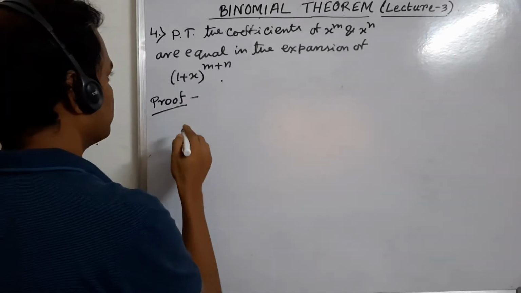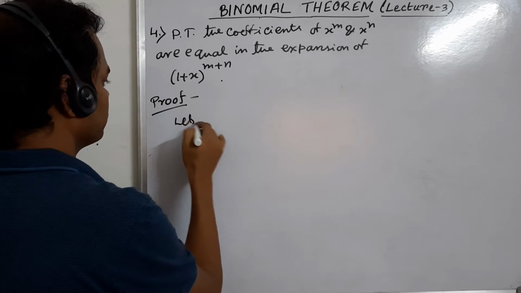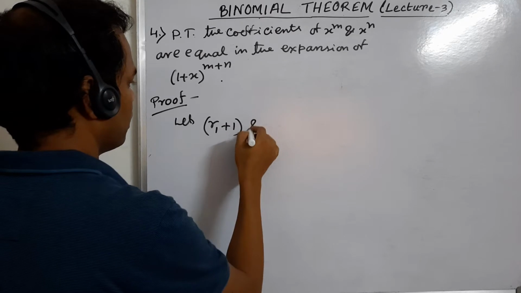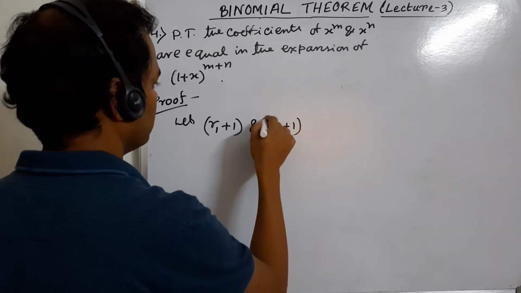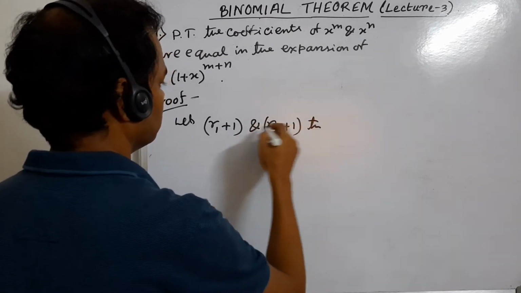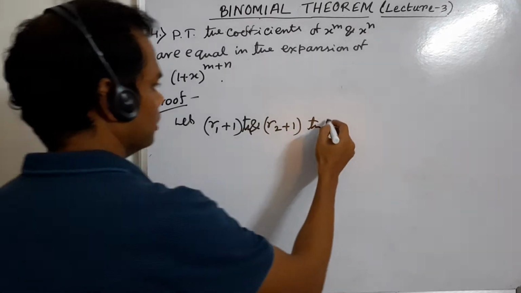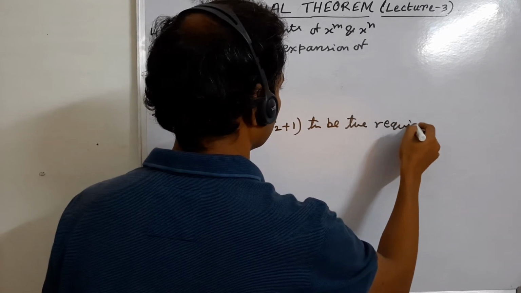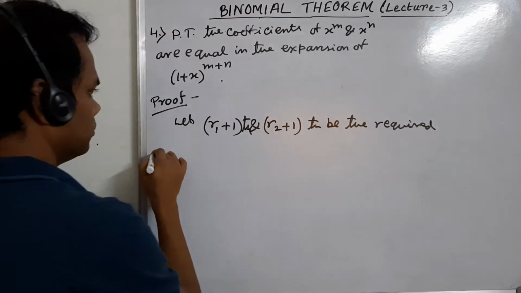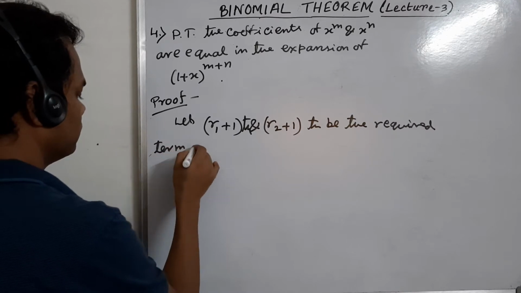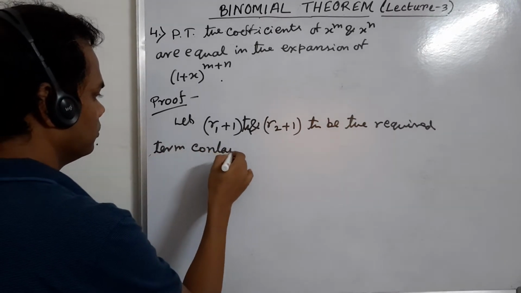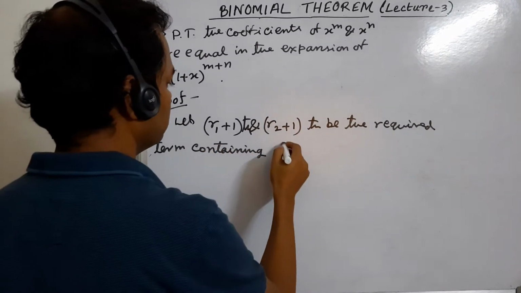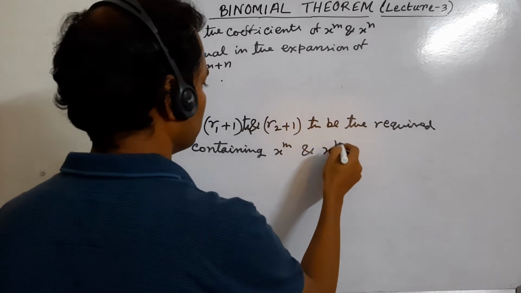So, let the (r1 + 1)th term and the (r2 + 1)th term be the required terms containing x to the power m and x to the power n.